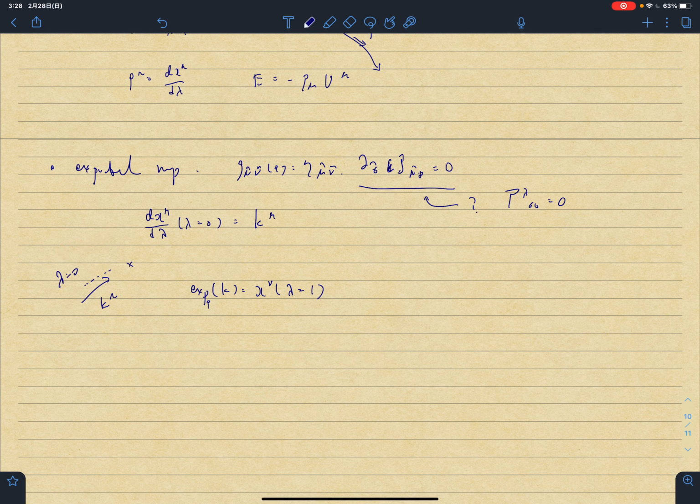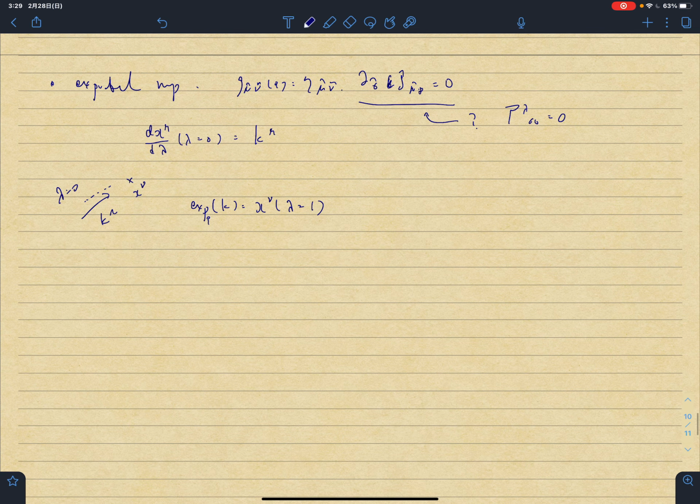For some set of tangent vectors k^mu near the zero vector, this map will be invertible, depending on the geometry.